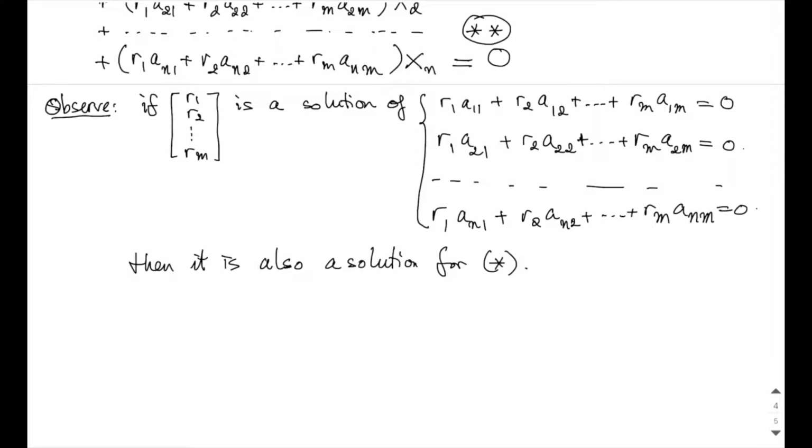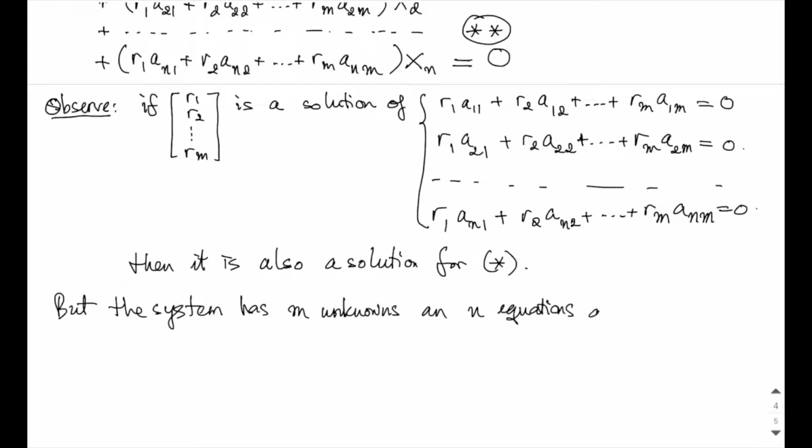But then the system has m unknowns and n equations, and m, the number of unknowns, is more than n, the number of equations.